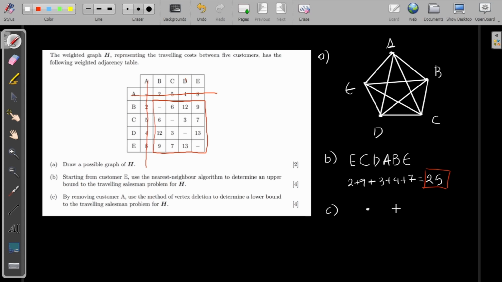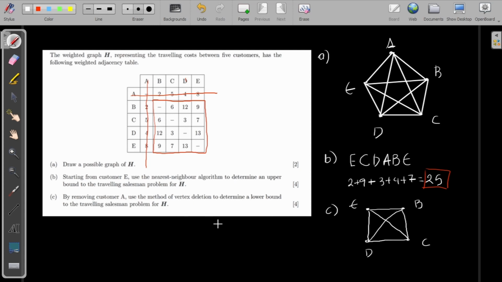I remake the graph, the subgraph basically, E, B, C, D, without A. I connect all the vertices because it's a complete weighted graph, like the previous one. So now I just need to find the minimum spanning tree for this graph.